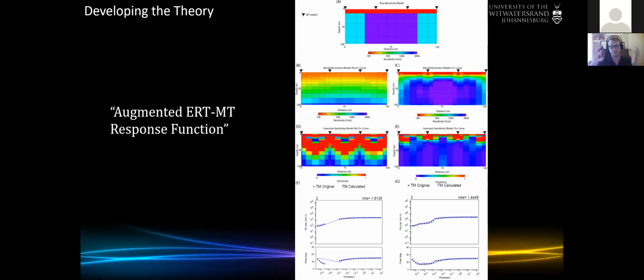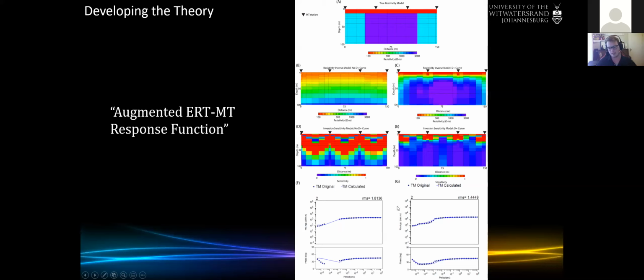So generally in MT, conductive features, small changes in conductivity, so very conductive cells, will have quite a big change in the inversion, while resistor features need quite a big change in resistivity to have an effect. So you ideally want your most sensitive cells to be near conductors and your poorest sensitivity cells to be by resistors. So we do have some sensitivity below the conductive overburden in the augmented function.